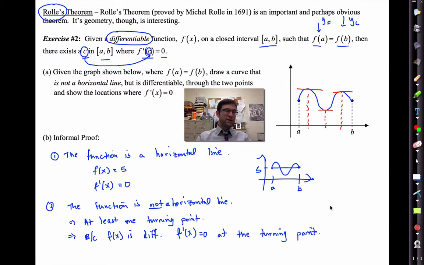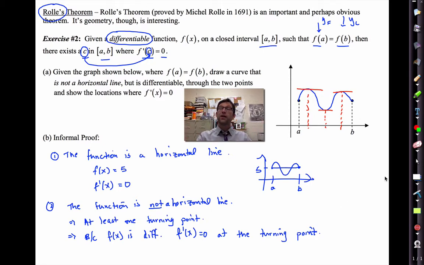For the college math teacher or hardcore calculus enthusiasts, yes, I should prove why there's got to be a turning point by some argument about increasing and decreasing, and why f prime of x is equal to 0 at a turning point when the function's differentiable. But based on the experience students should have in differential calculus up to this point, you should feel comfortable with that proof.